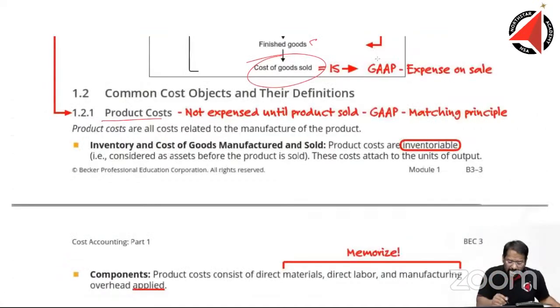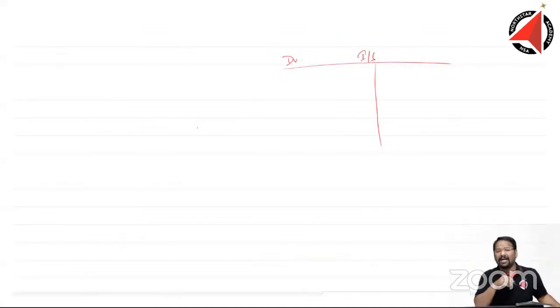So product cost is not expensed until sold. It means a product cost is treated as closing stock, or as current assets, till the time it is sold. It will not be expensed, it will not be debited.